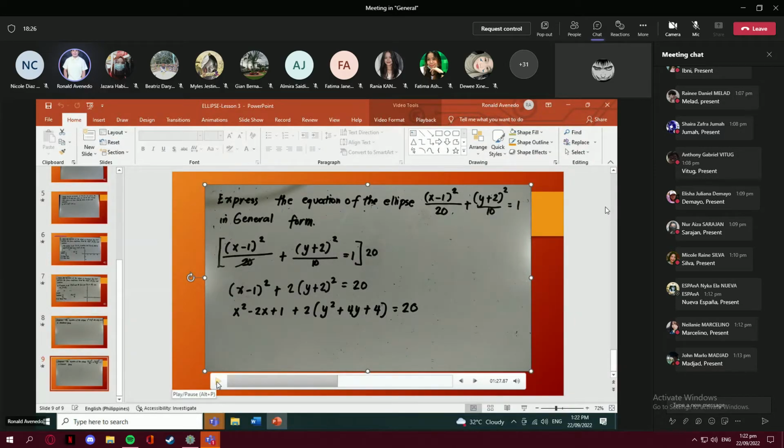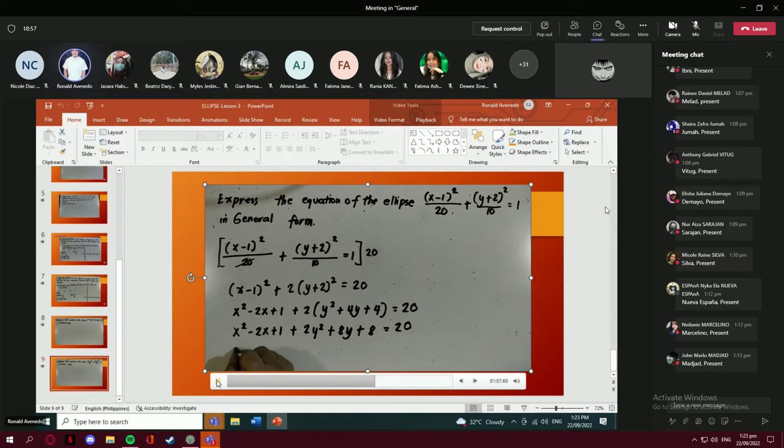Then remove the grouping symbol. X squared minus 2x plus 1 plus 2y squared, 2 times 4 is 8, so plus 8y plus 2 times 4 is also 8 is equal to 20. Then arrange from highest exponent to constant, then equate to 0.